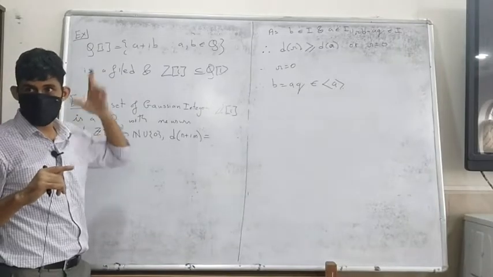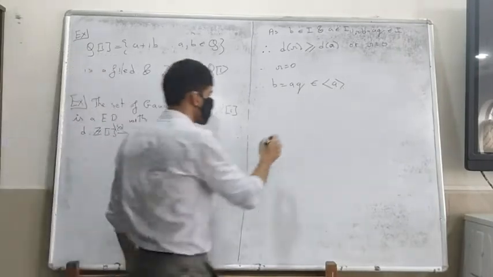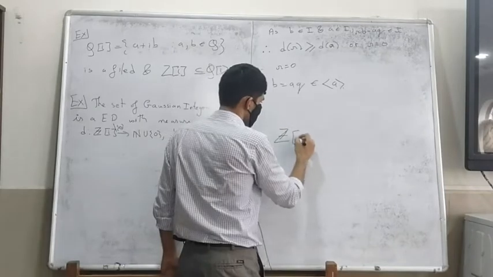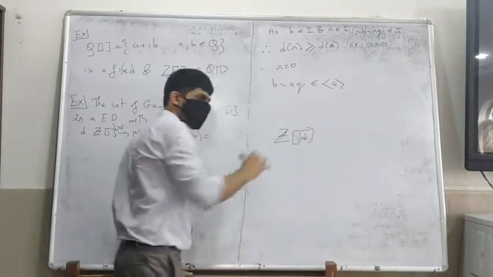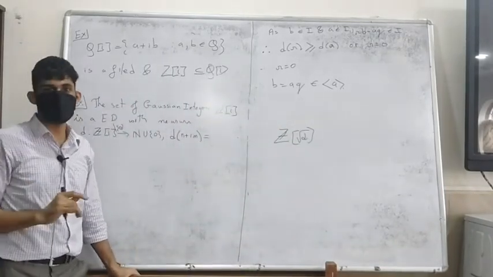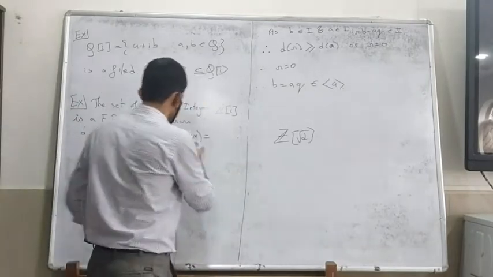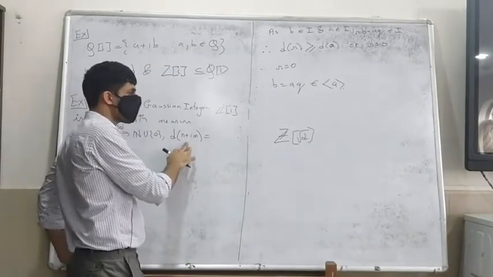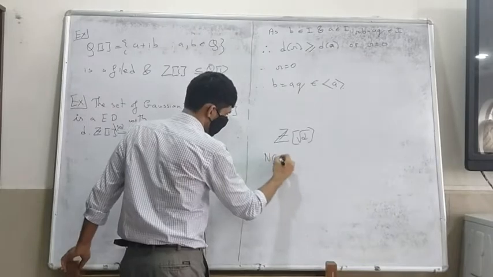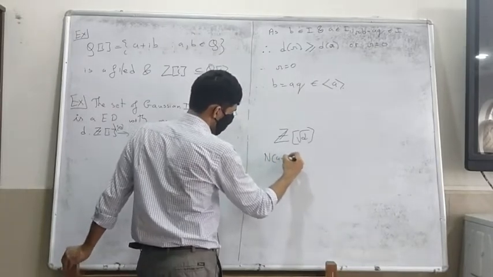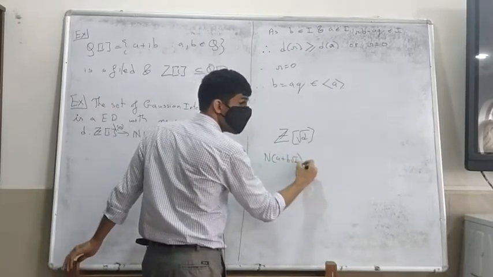Okay, we had spoken about those rings, Z[√D]. We said D is allowed to be negative also there. So what was the norm of a plus b√D over there?